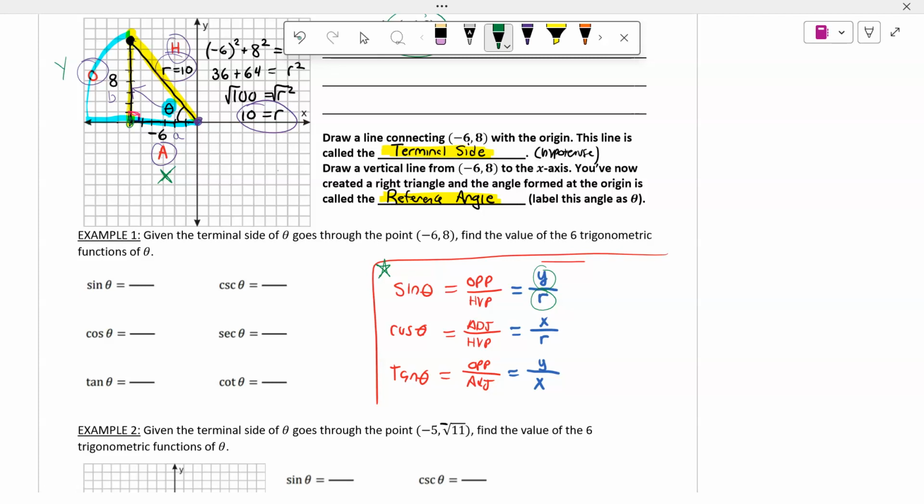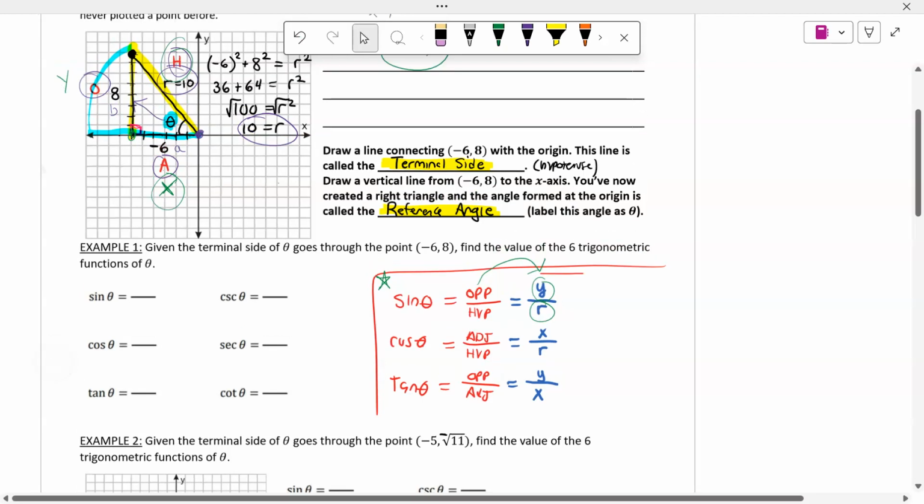And that would make cosine, remember, cosine is adjacent over hypotenuse, well, this side over the hypotenuse, that would make it x over r. And finally, tangent, instead of being opposite over adjacent, could now be considered in the coordinate plane y over x. So this is just a little reference sheet that we're going to be giving you and that you'll be able to use during assessments. But it's important to know that now we're changing from just opposite over hypotenuse. Now we're switching to x, y's, and r's, and we can use that to answer these questions.